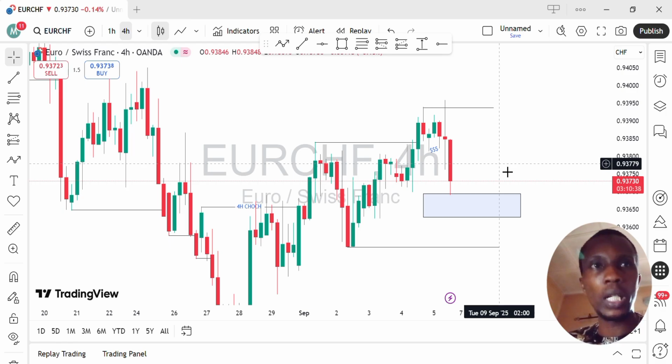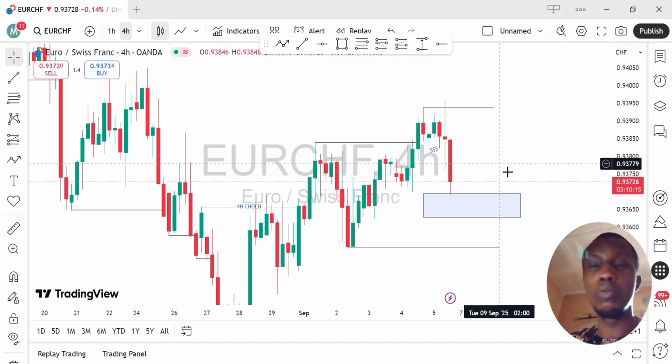After that, I talked about structure mapping, break of structure, and change of character. Break of structure is when price makes a recent high, pulls back, creates a high, pulls back, and then still goes back again to attempt that recent high. If price is able to break above it with a candle, that makes it a valid break of structure.